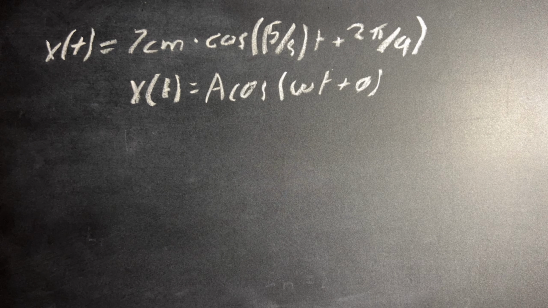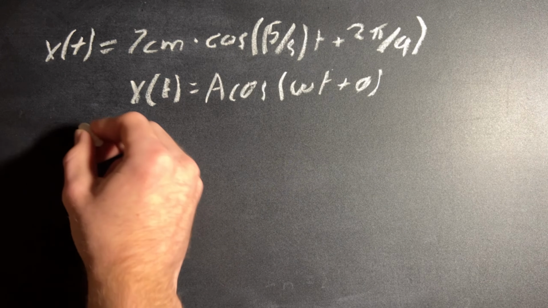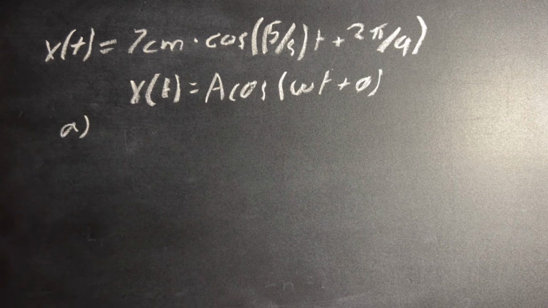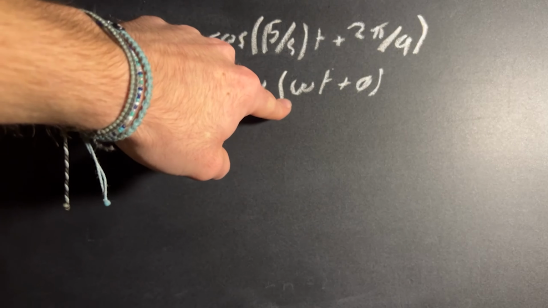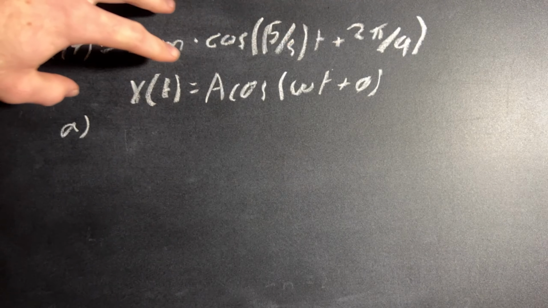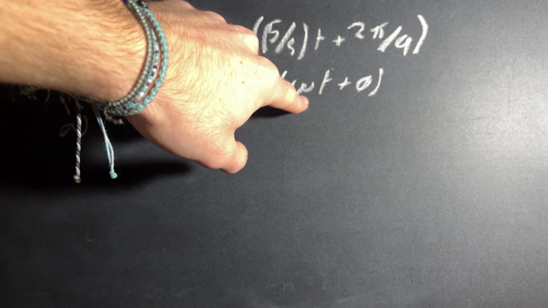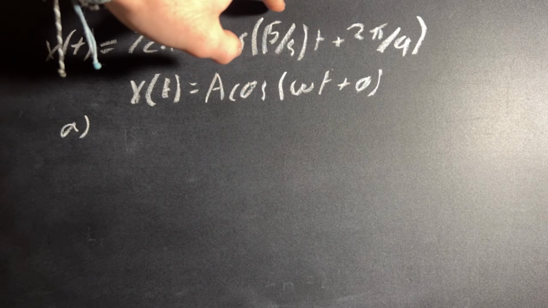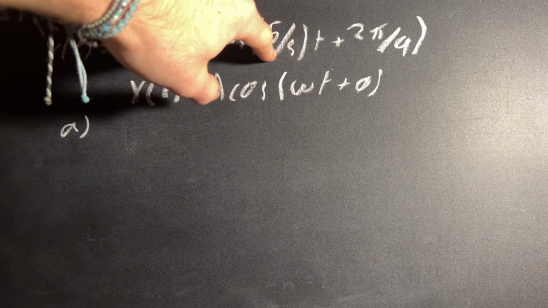So, the first thing we're going to do is find angular frequency. This is A. If we look at this equation and compare it to the first equation, angular frequency seems to be 5 radians per second.